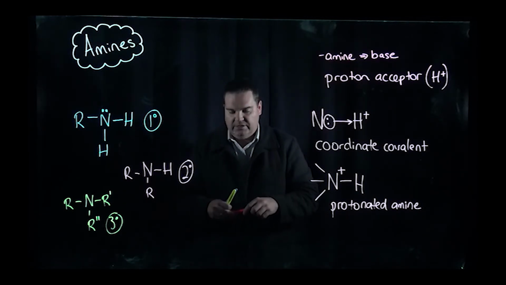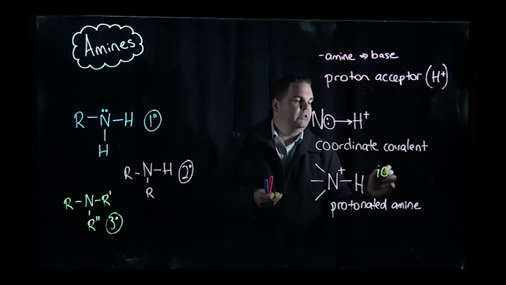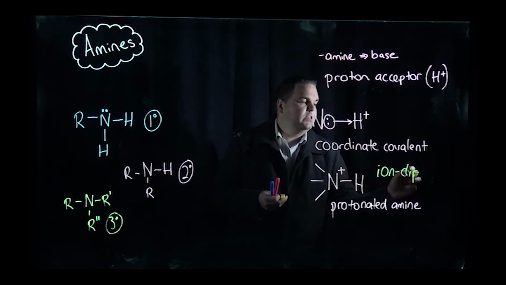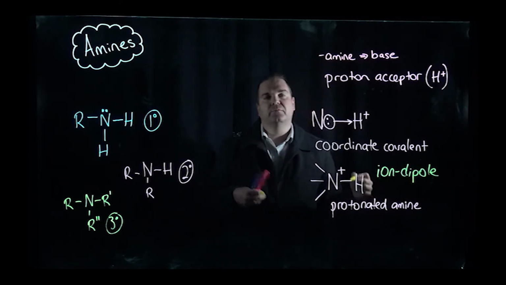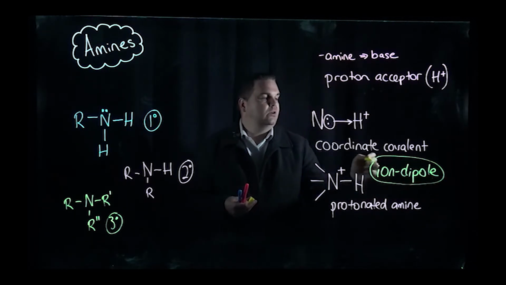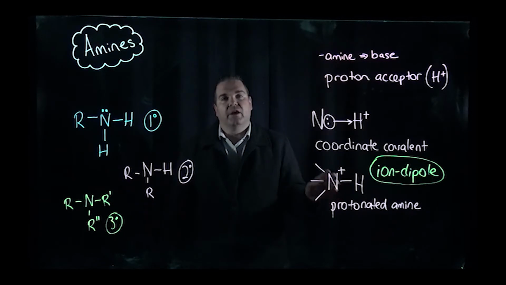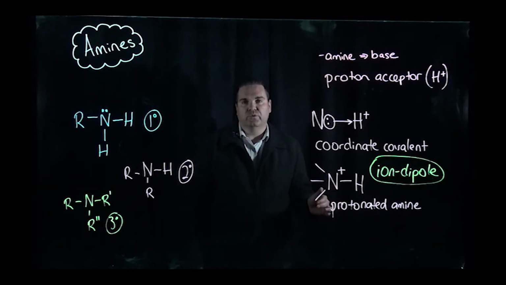So these ion dipole interactions, if I write that down for you, are the same sort of things as you get when you have a sodium carboxylate salt or a potassium carboxylate salt that we looked at in carboxylic acids. They're really good at forming ion dipole interactions with water.